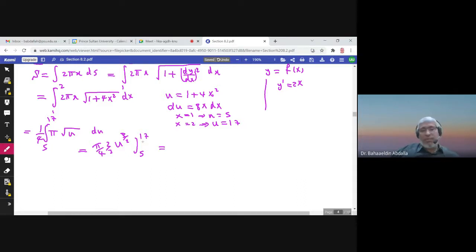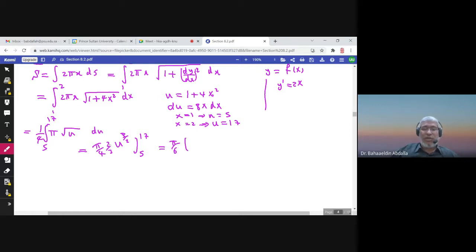And I can find 17 to the power 3 over 2, or 1.5, minus 5 to the power 3 over 2, or 1.5. And I can multiply, it would be pi over 6.